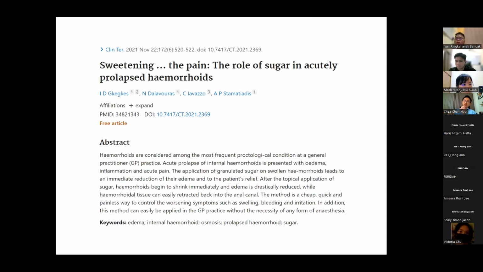Once it shrinks, it's easier to reduce it back into the anorectal canal. I kid you not, this was published a few years ago, and I really think it works. But we still don't have a proper randomized controlled trial to compare sugar with other treatment modalities. But the role of sugar has been described.